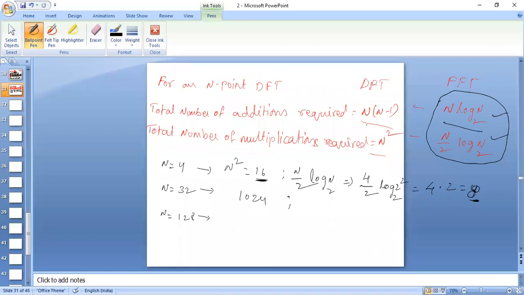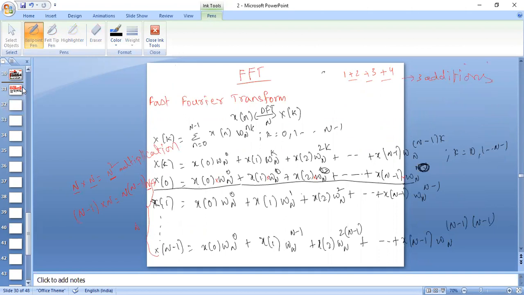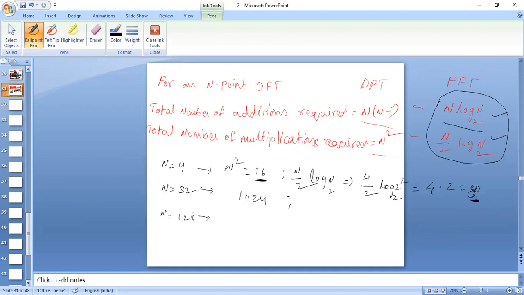Okay, so by using FFT, we are splitting an N-point DFT into multiple N by 2 points. See, let us try to compute these values. This is 1024 and this would be 160. N by 2 log N to the base 2 value would be 160.